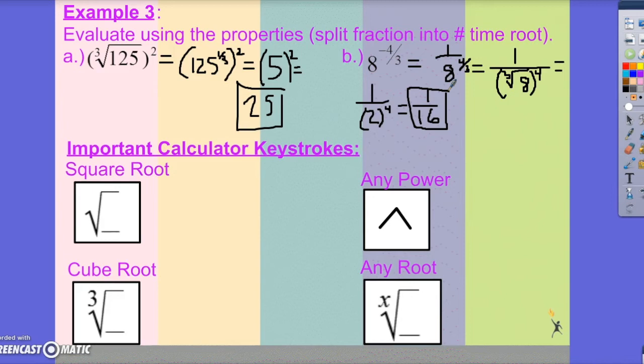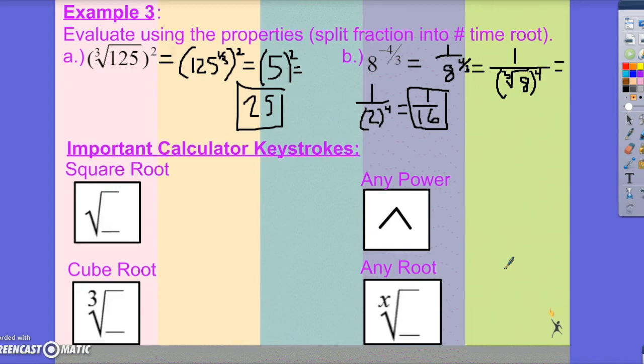Now, if we look at the next part, important calculator keystrokes. Some of them will not give us nice answers like 25 or 1/16. So I want you to be well-rounded in solving them by hand and also solving them via calculator. Here's the square root button, cube root button, any power, and any root to the x power. Make sure whatever calculator you are using, bring it in tomorrow in the next class, because I'm going to look at yours individually and make sure that you know how to type these into a calculator.